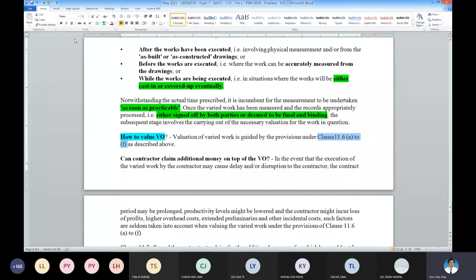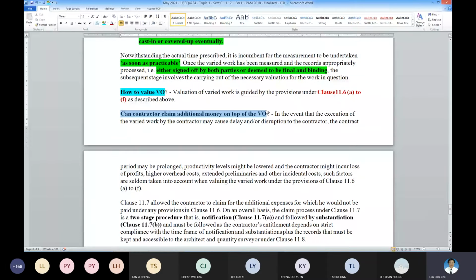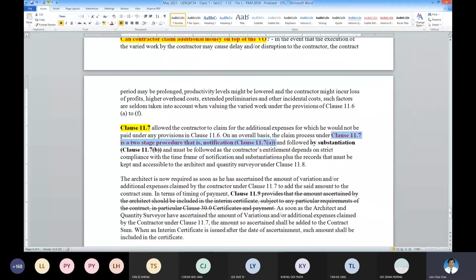And then here, additional claim for money on the VO, can claim or not? Answer is yes, if the contractor invokes clause 11.7a and 11.7b. So in order to claim, the contractor needs to invoke 11.7a and b. That means it's a two-stage process. First is an initial notification, then subsequently when the works are completed will be your so-called final notification.